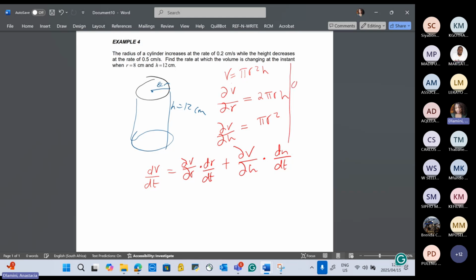I don't have it. dr over dt, what is it? It's positive 0.2 centimeters per second. And dh over dt is negative 0.5 centimeters per second. Okay, so what will be the units here? Final.